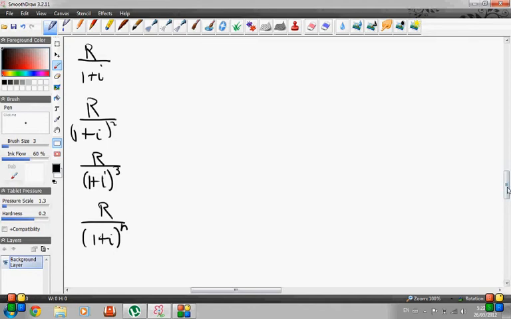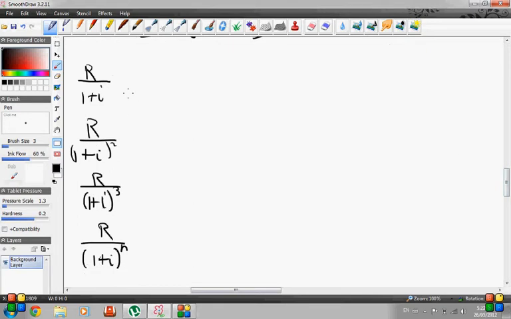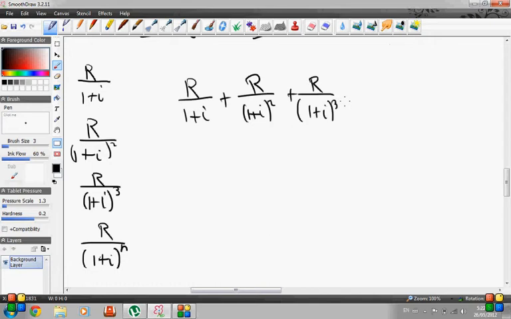To get your final amount, the actual value that you're looking for, you have to add all of these. So let's do that right now. You have your first term, which is R over 1 plus I, plus R over 1 plus I squared, plus R over 1 plus I cubed, all the way up to R over 1 plus I to the power of N. Actually, let's represent 1 plus I with X first.